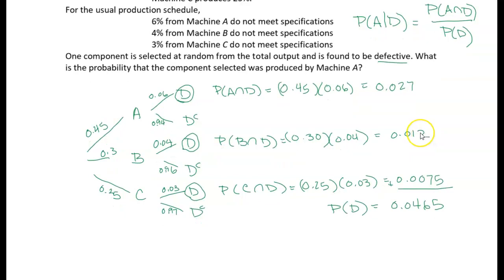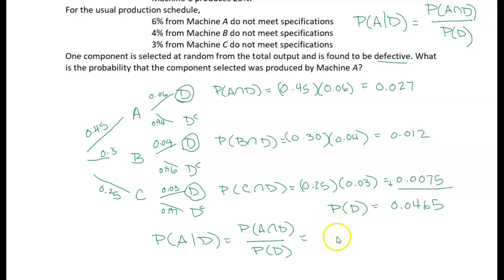And now to figure out the probability that the part came off of machine A, given that it's defective, we just need the probability that it came off of machine A and is defective over the probability of being defective.